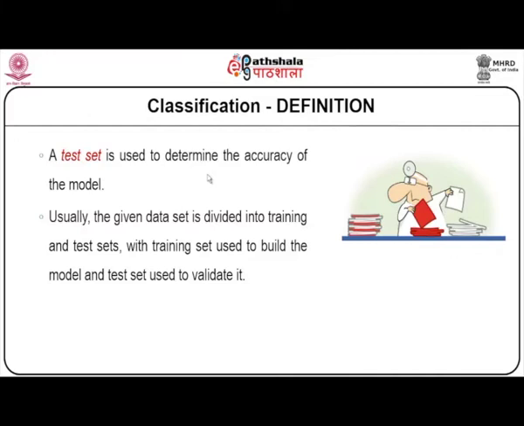Usually the given data is divided into training and test sets. With the training set, we try to build the model, and with the test set we usually go for validation of the model. Any model that has been defined initially, we have to validate by use of the test values.